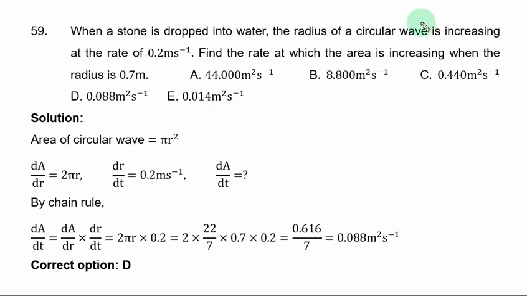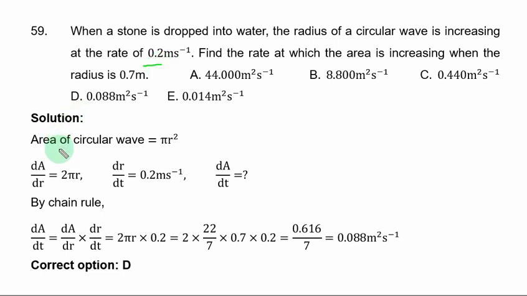Question 59. When a stone is dropped into water, the radius of a circular wave is increasing at the rate of 0.2 meter per second. Find the rate at which the area is increasing when the radius is 0.7 meters.